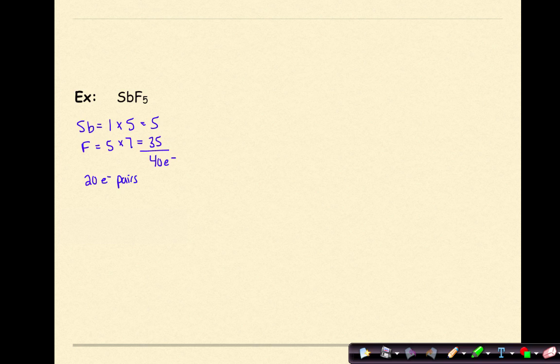Like we saw in the example with phosphorus pentachloride, we're going to put the Sb in the center. And we're going to have 5 bonds coming off the Sb. So 1 coming up, down, back into the page, out of the page, and in line with the page. And then I'm going to put fluorines all the way around, each having their full octet of electrons.